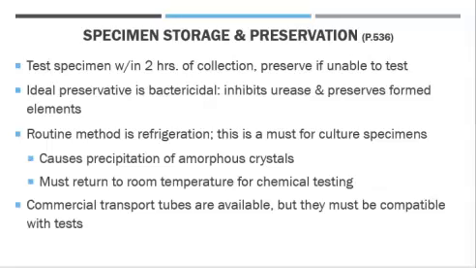And before you test your urine samples, if they have been refrigerated, you should let them come back up to room temperature before you perform any chemical testing on your sample. There are some commercial transport tubes available for urine samples. You just have to make sure that the tests that you're going to be testing your urine sample for are compatible with the preservatives and things that are in those tubes.